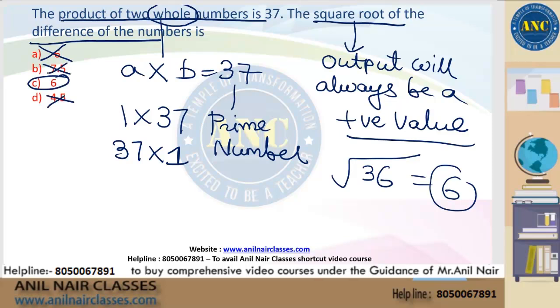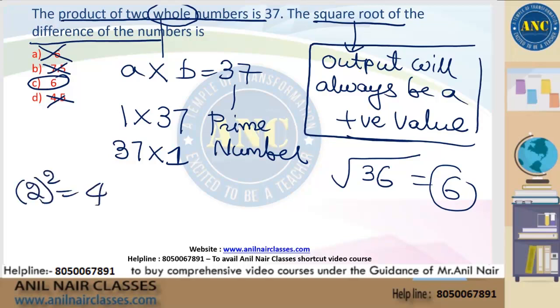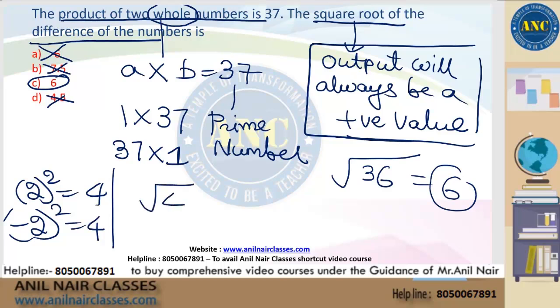Very important observation: the output of a square root will always be positive. 2 square is 4. Minus 2 square is 4. You can take the input as positive or negative and apply the square, but the square root of 4 is always 2, not minus 2.